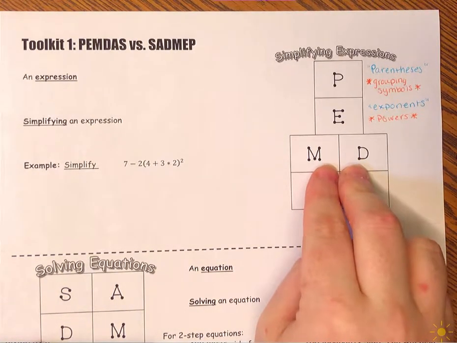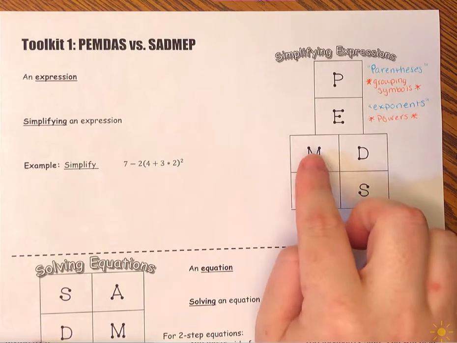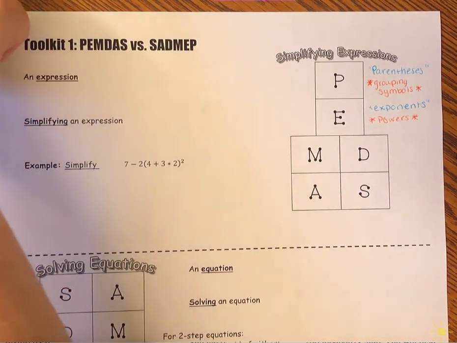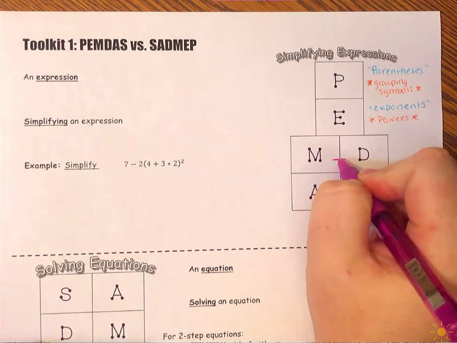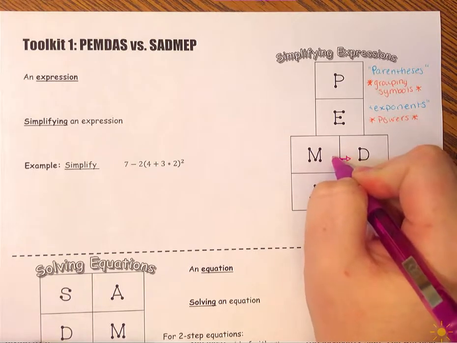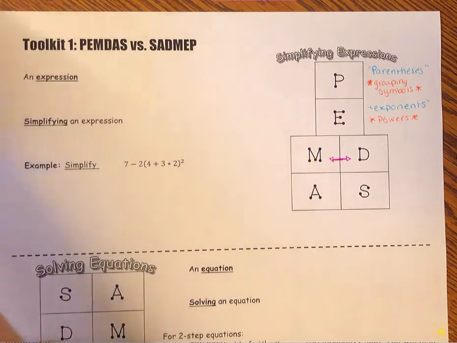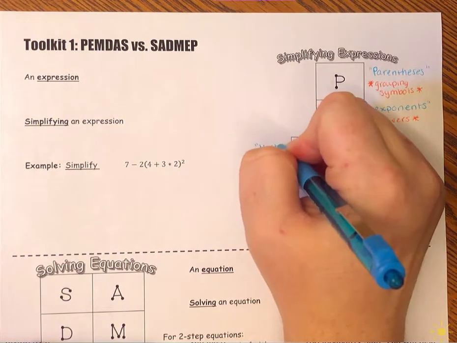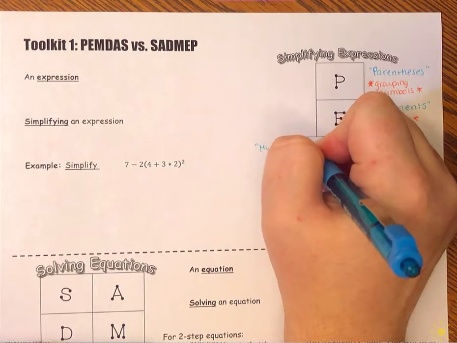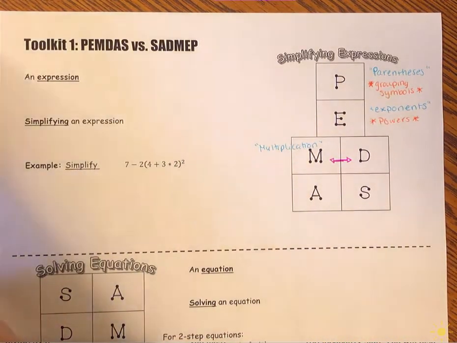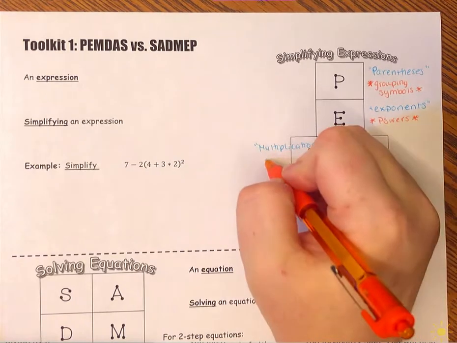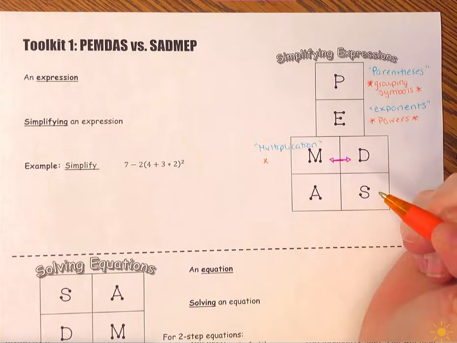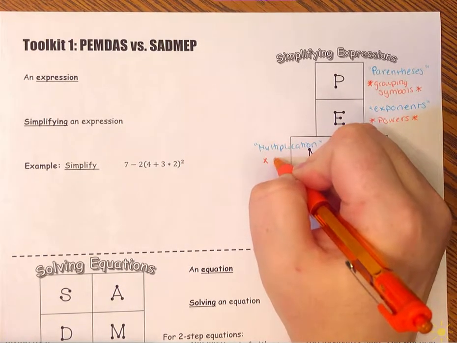Then you have the M and D, which are together because it's whichever one comes first. So the M and D, it's whichever one comes first as you're reading the problem from left to right. The M is multiplication, which when you're looking at a problem could look like an X, multiplication symbol, or a dot.